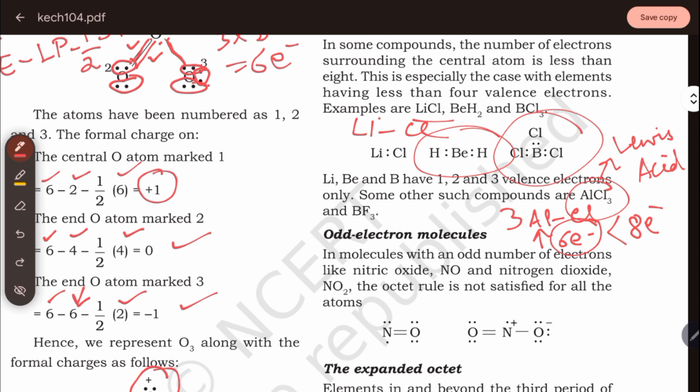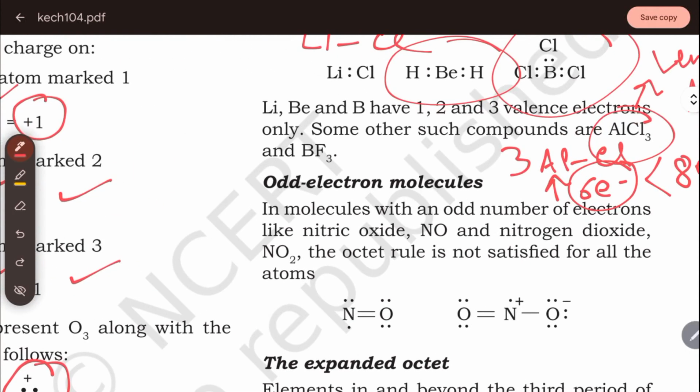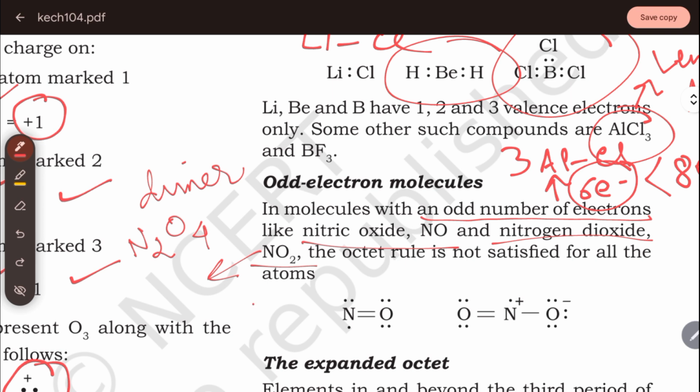in order to attain an octet configuration. So odd electron molecules like NO, here in molecules with an odd number of electrons, meaning a single electron, nitric oxide NO, nitrogen dioxide NO2, the octet rule is not satisfied. NO2 always has a tendency to dimerize and form N2O4. It is a dimer of NO2. Okay, why? Because NO2 is something like this.